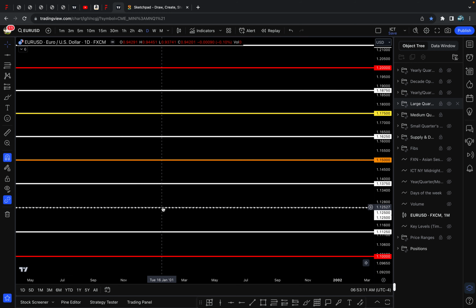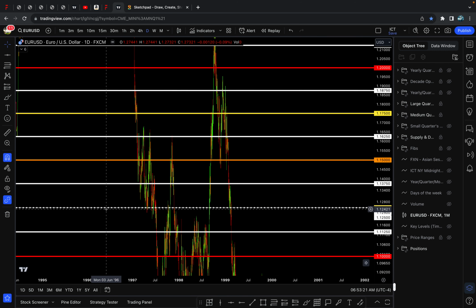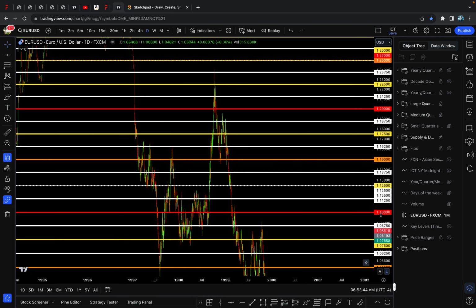Okay, but when you get to this dotted line, you have to all of a sudden understand, wait a minute, this is a different level. This level is way more powerful and significant than this yellow level up here. This white dotted level is way more significant and powerful than even this red dotted line, or this red line here, even the 1.1.